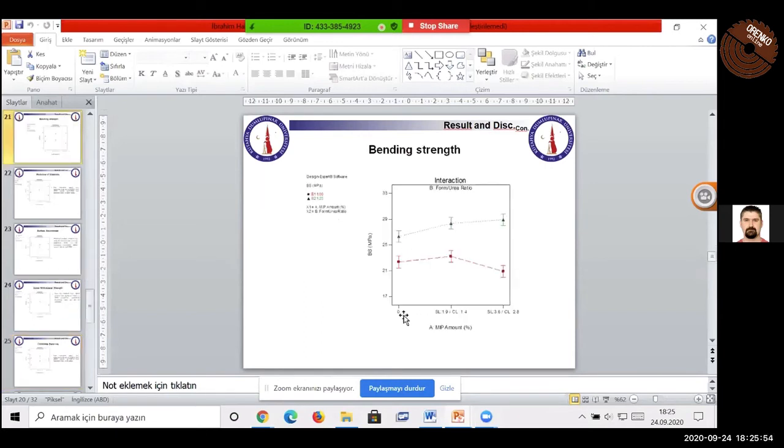And bending strength. With the rising of the MIP waste amount, bending strength values mostly increased. However, MIP waste amounts had no significant effect on the bending strength. The size of the MIP waste was very small, and it included small pieces of alpha cellulose paper.